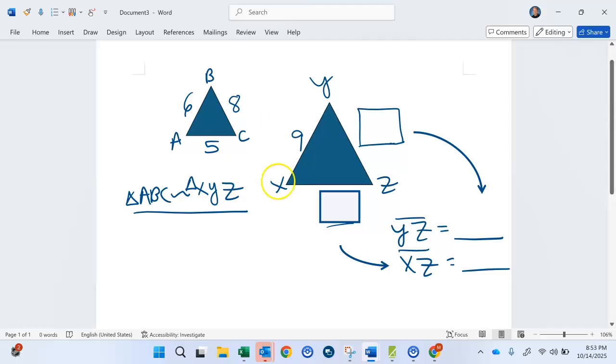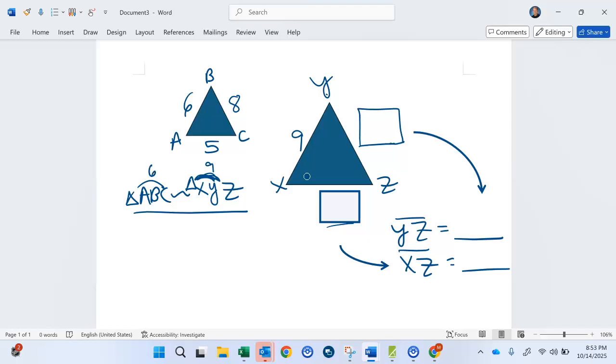So what we can do is, since it tells us they're similar, we can take matching sides. If I've got XY, that's the first two letters. If XY is 9, that means the first two letters, AB, also correspond to it.